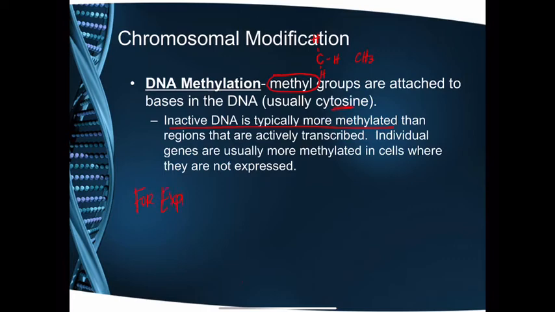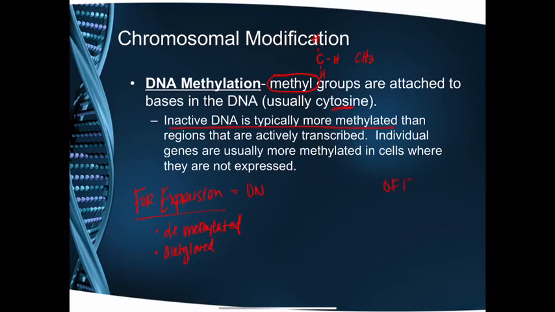So for expression, we want our DNA to be demethylated and we want our DNA to be acetylated. If we want those genes to be expressed, then those genes would be turned on, okay?